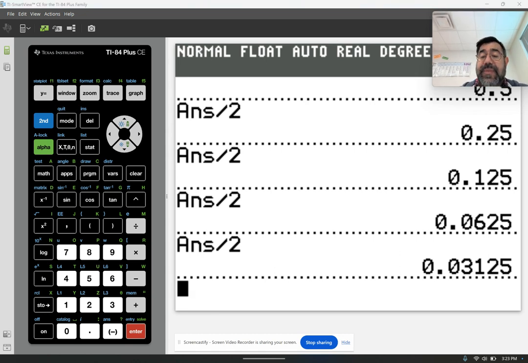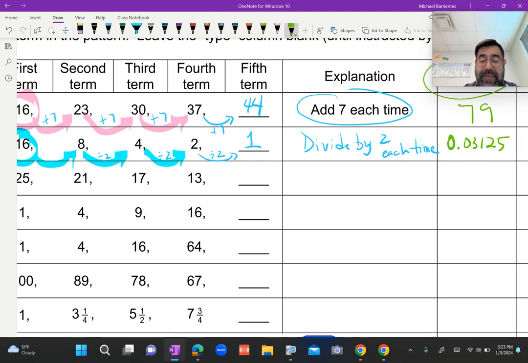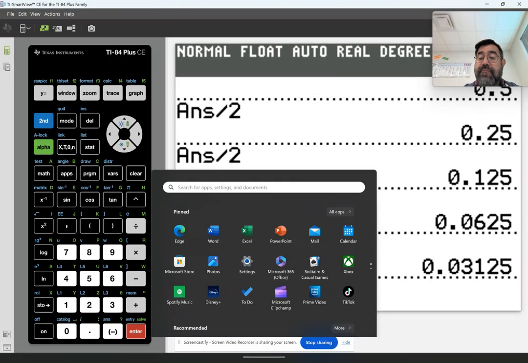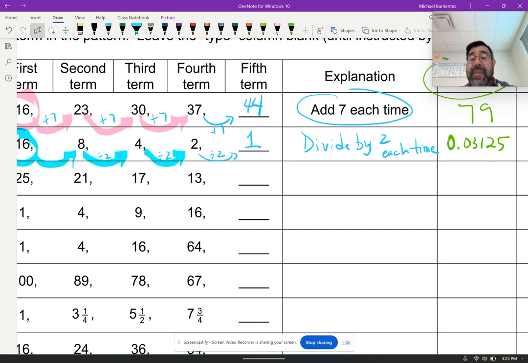So I'm going to write it in, in the color that I wrote the other one in. 0.03125. So we figured it out.